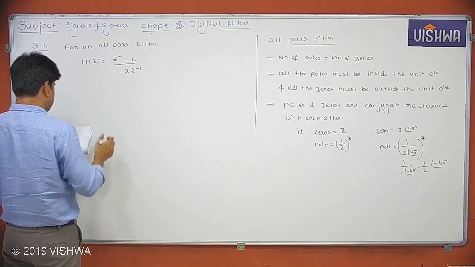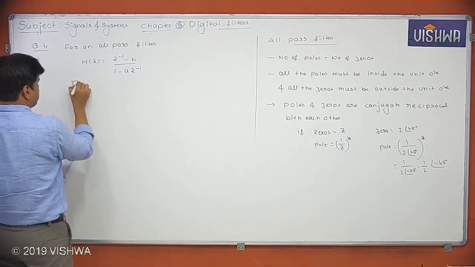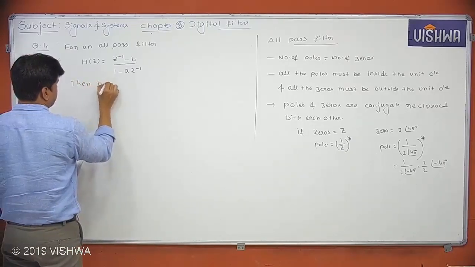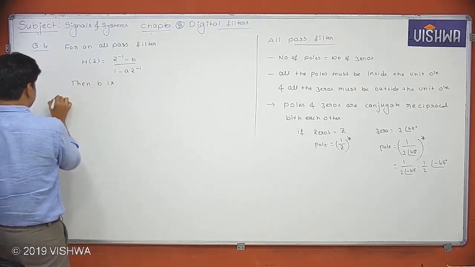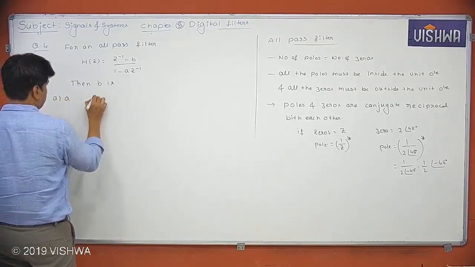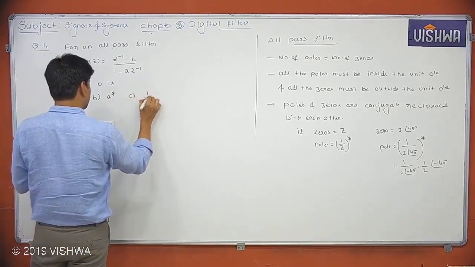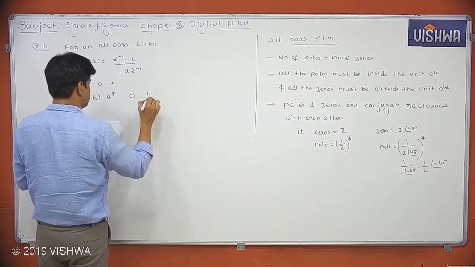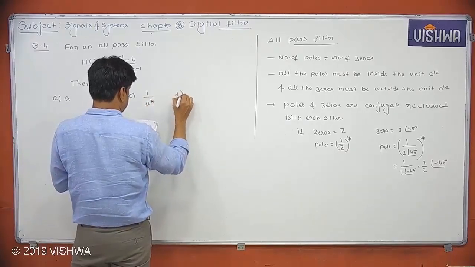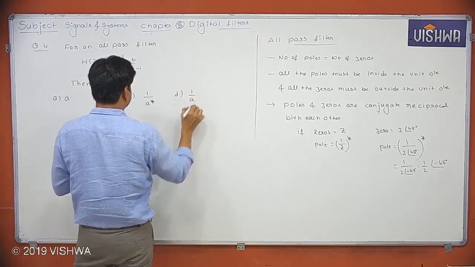Then B is: option A, A; option B, A conjugate; option C, 1 by A conjugate; option D, 1 by A.